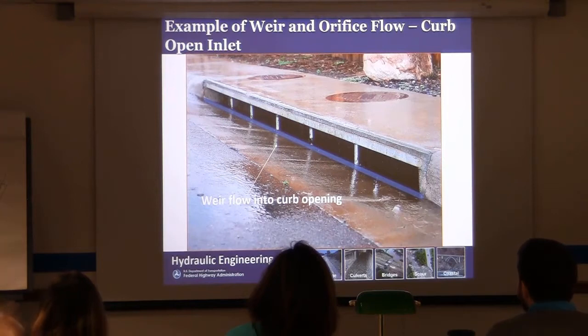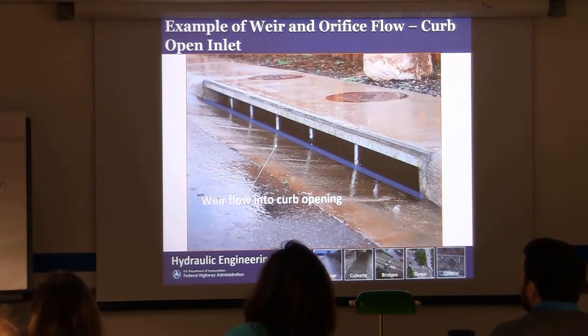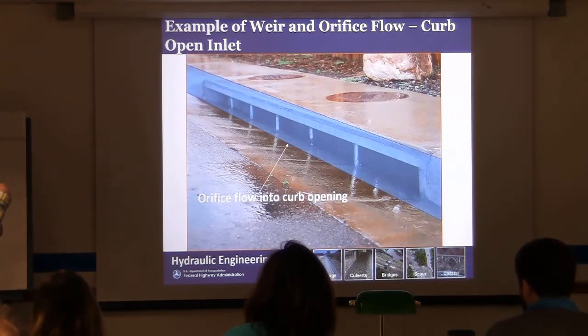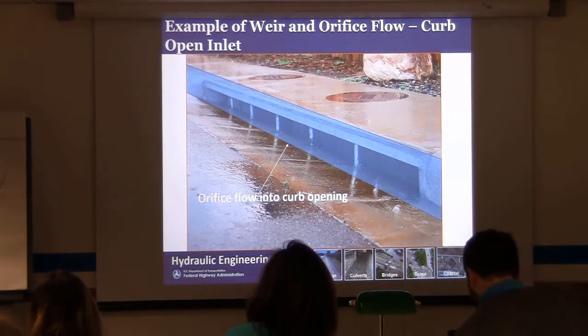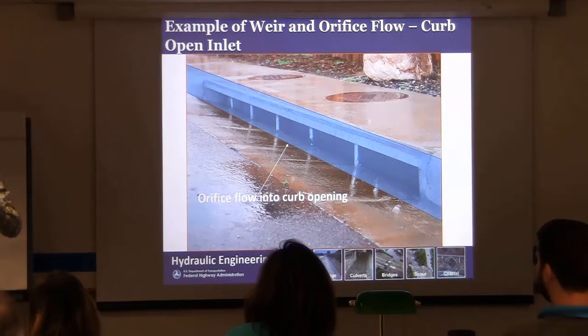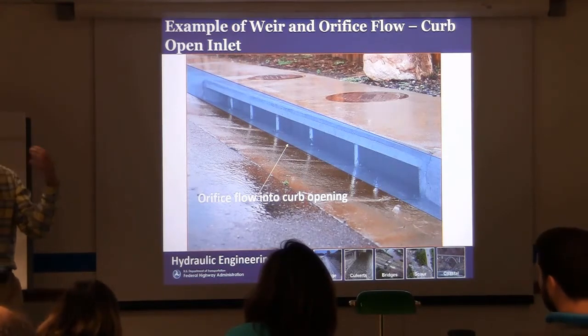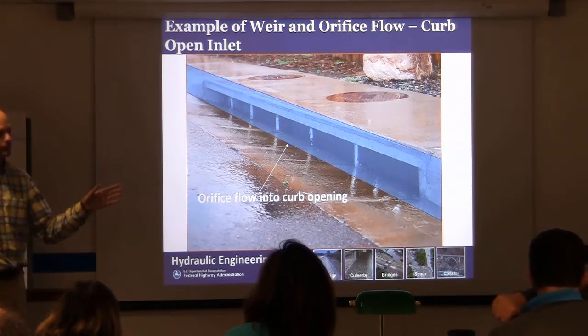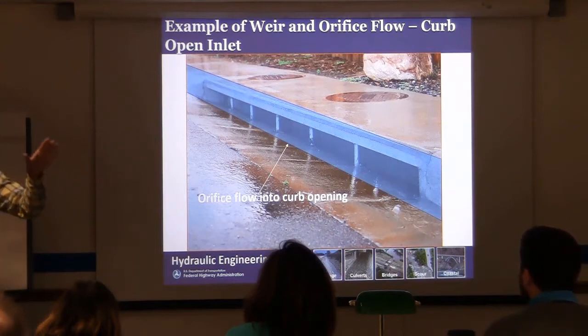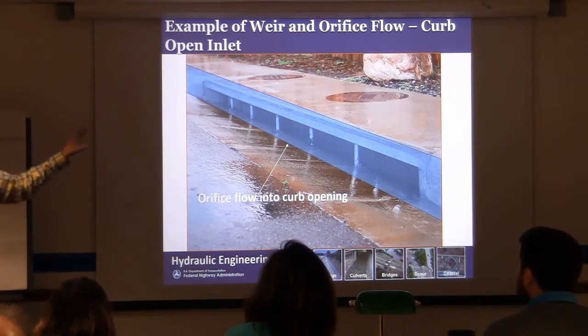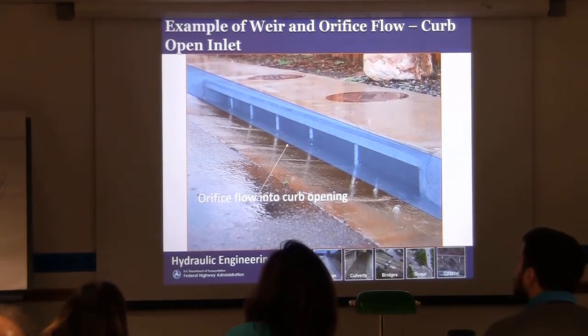When the flow depth is this, the curb opening inlet is functioning as a weir, yes. And now it's functioning as an orifice. And again, there's a transition zone between. When you look at your design charts, you can see for these curb open inlets, and especially for culverts too, there's a portion that looks like a weir component, and then there's a portion that looks like an orifice component, and there's a transition zone.